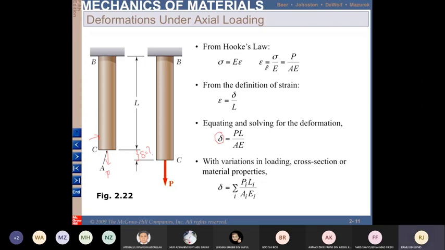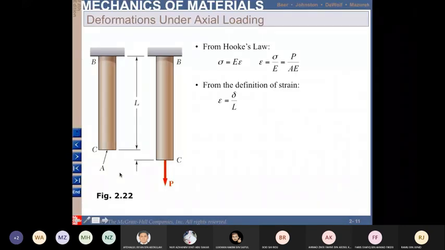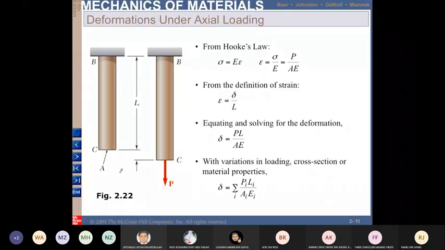From Hooke's law, now we want to derive this equation. How does this equation appear like this? From Hooke's law, we know that E is equal to stress over strain.